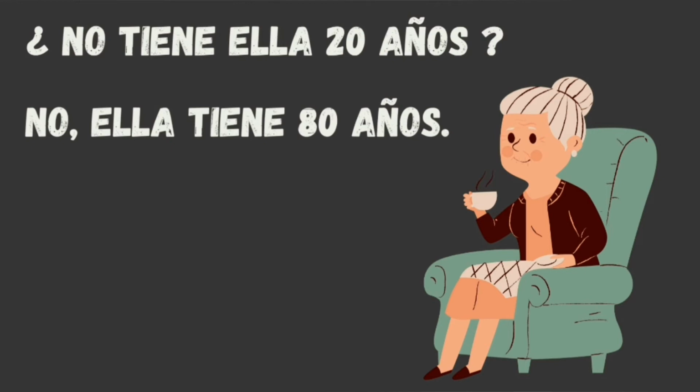And now the negative answer would be, no, she has 80 years. To say no, she has 80 years, in Spanish you have to say, no, ella tiene 80 años. And that would be the negative answer in Spanish.